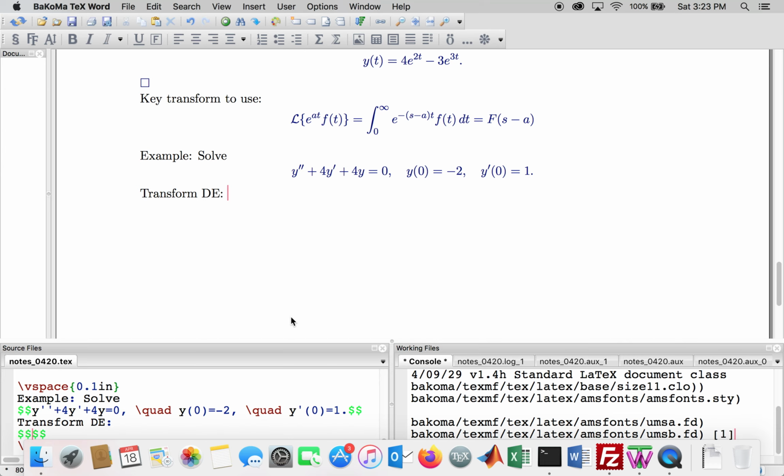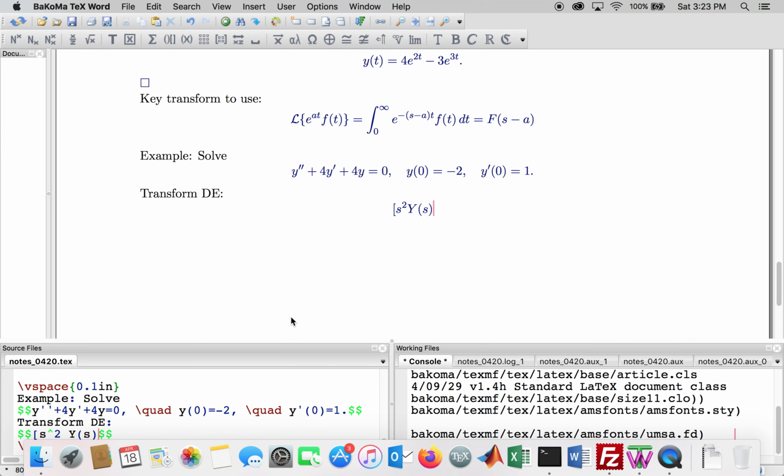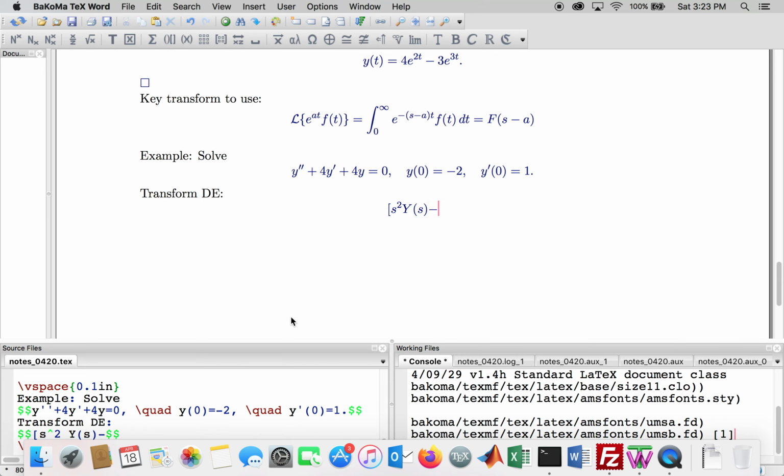For the second derivative we get s squared Y of s, minus y prime of 0, which is 1, and then minus s times y of 0, which is minus 2, so that gives a plus 2s.